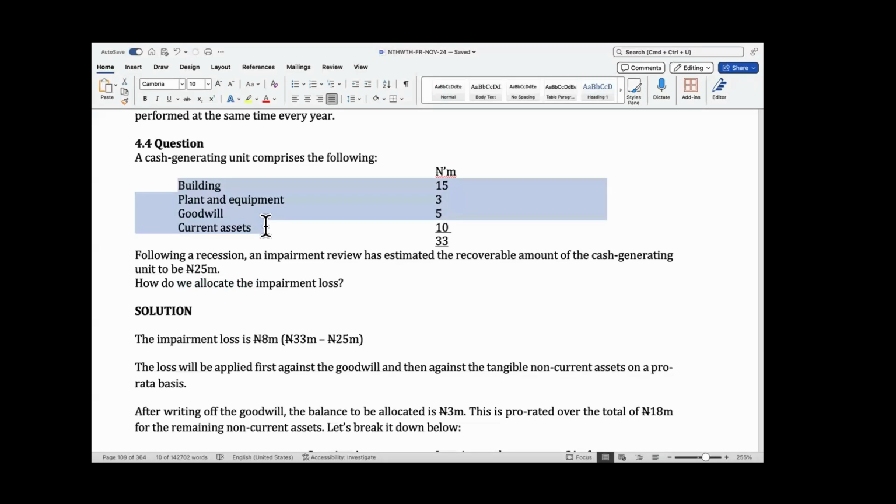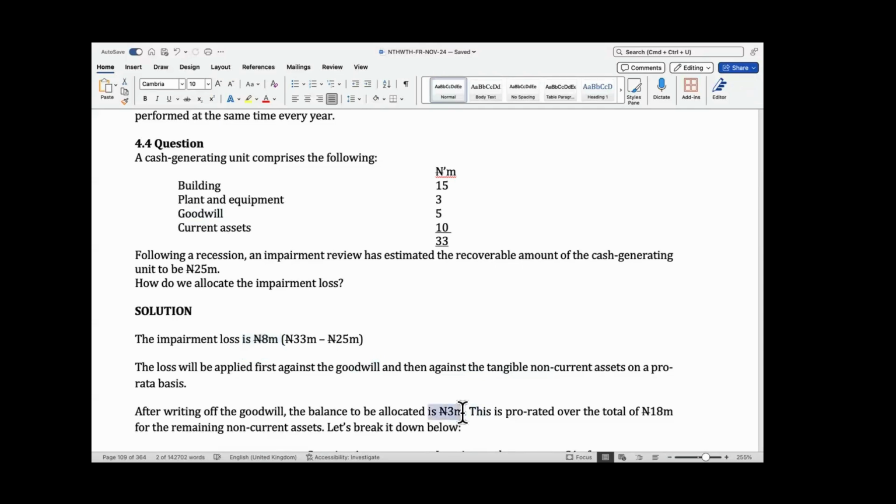So that means the loss will first be applied against goodwill, and then against other tangible non-current assets on a pro rata basis. When you look at goodwill in this question, you will see that the value of goodwill is 5. By the time you allocate 5 out of 8 to goodwill, there will remain a balance of 3 million.